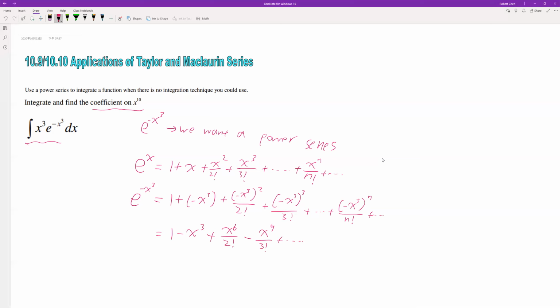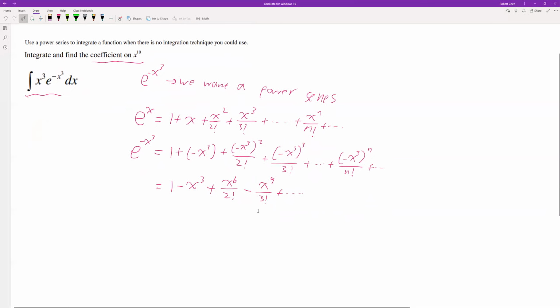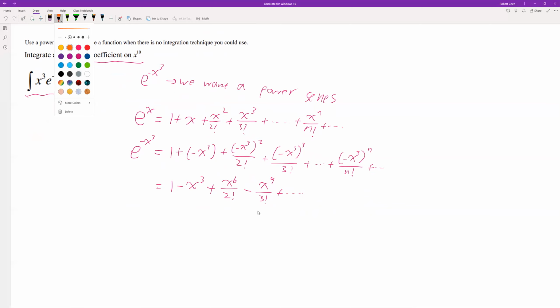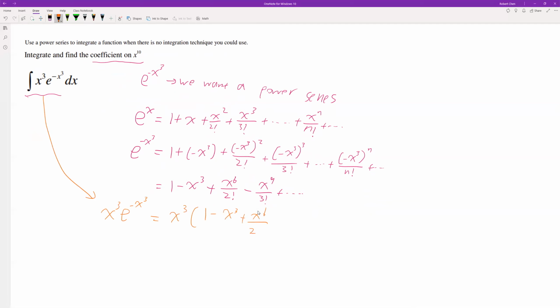Okay. All right, next. Now we have the power series representation for e to the negative x cubed. All we need to do now is multiply x cubed to it, to get the expression that we have here. So x cubed times 1 minus x cubed plus x to the 6 over 2 factorial minus x to the 9th over 3 factorial plus dot dot dot.